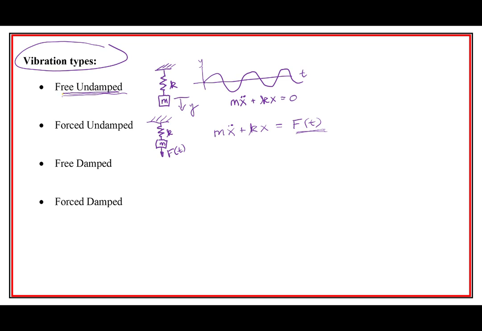All right, so that's one category. We have the free undamped and the forced undamped, right? Now we have the free damped, where it's the same thing as up above, but we'll make the mass wider, and we'll put what's sometimes called a dash pot. We could think of it as a hydraulic cylinder or shock absorber type of thing.